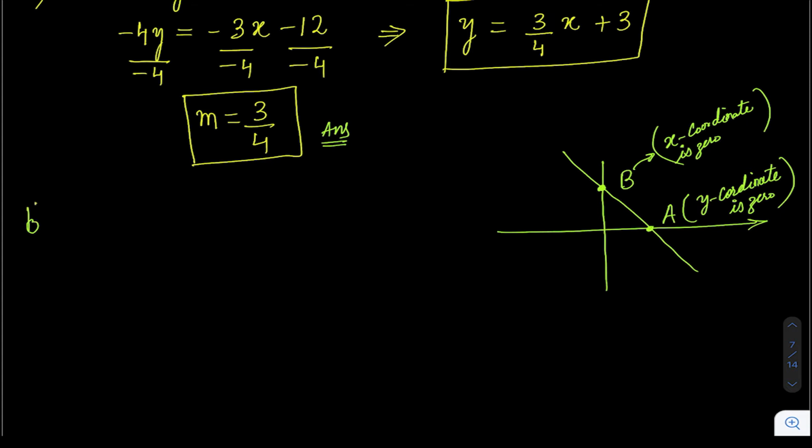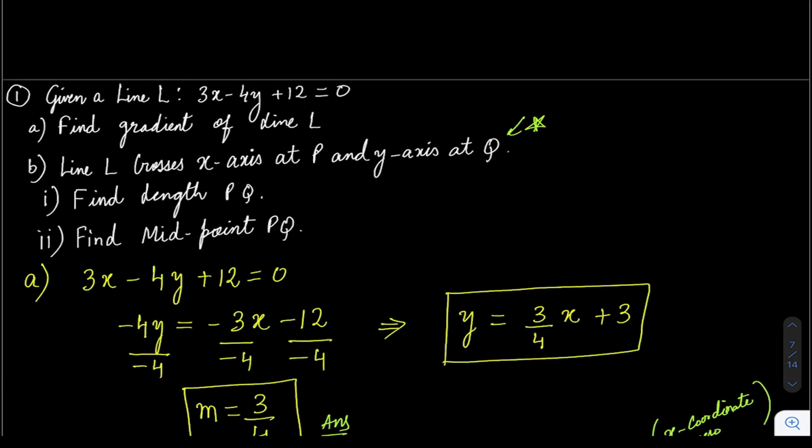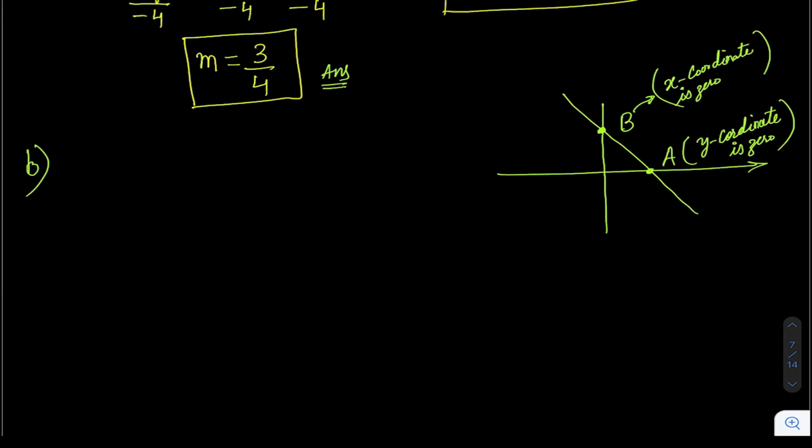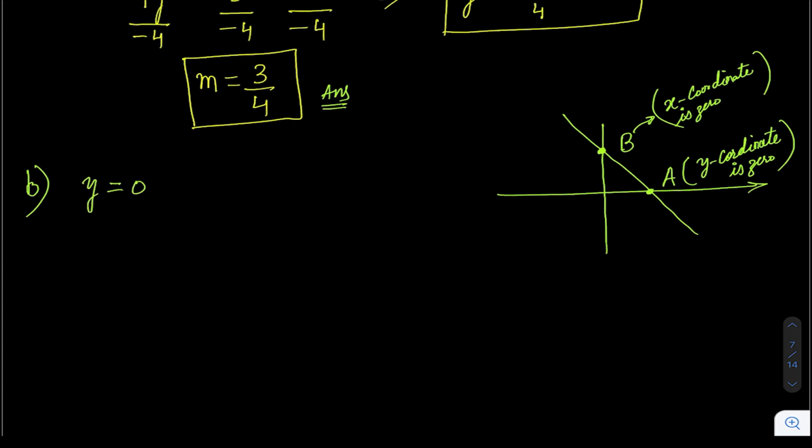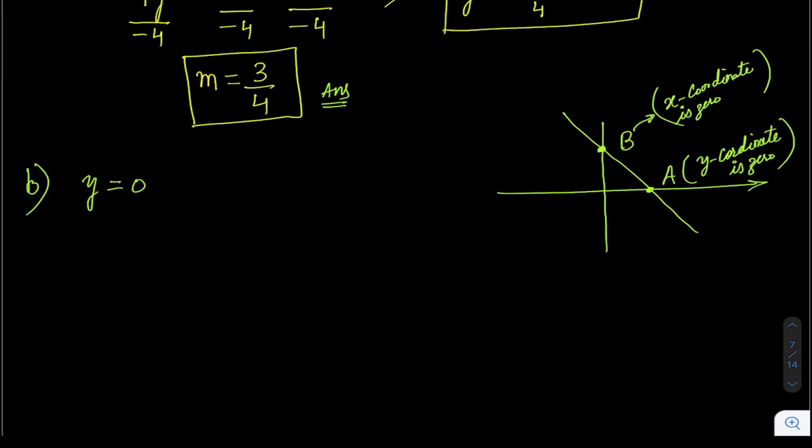This is very interesting. For part B, I have to find where it crosses the x-axis and where it crosses the y-axis. So I can say y equals 0. My straight line is 3x minus 4y plus 12 equals 0, this is my line L. When y is 0, I can find the x value.